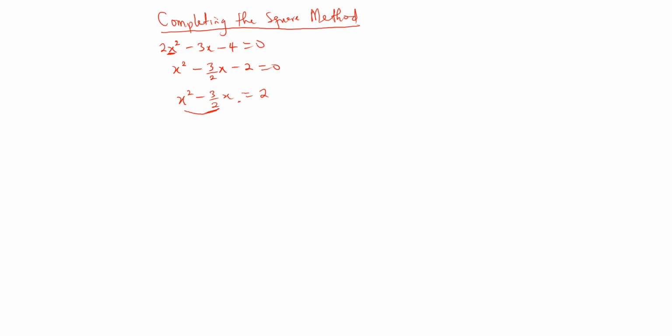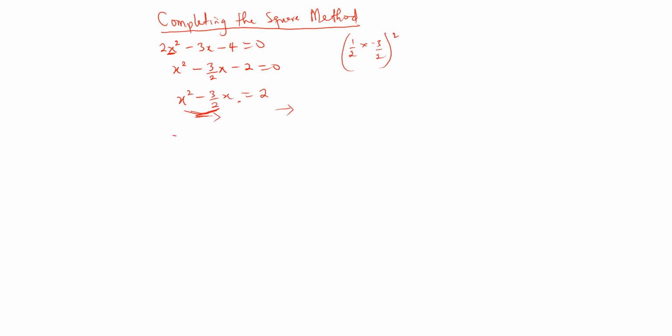And in mathematics, whatever you do to one side, you have to do to the other side to balance it up. If the student has discovered that they look for half of minus 3 over 2 and square it to make this a perfect square, then they must do the same thing to the other side too. And that is what will be added.